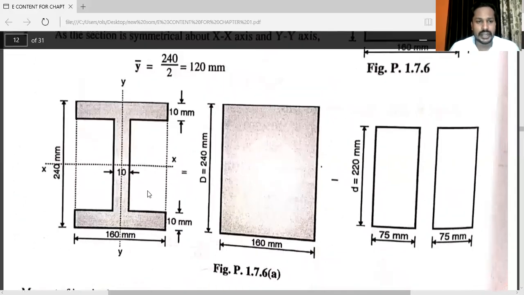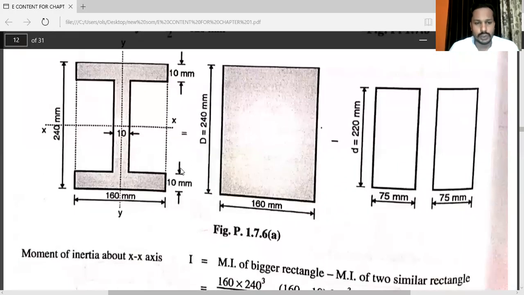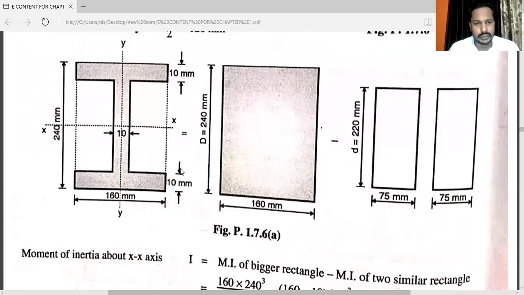Means you can directly draw the y-y axis as the vertical center line and the x-x axis as the horizontal center line. See, the diagram is very important. The previous method was different. In the previous problem, in the L section and T section, we did it by using a different method. Here we are using different techniques.